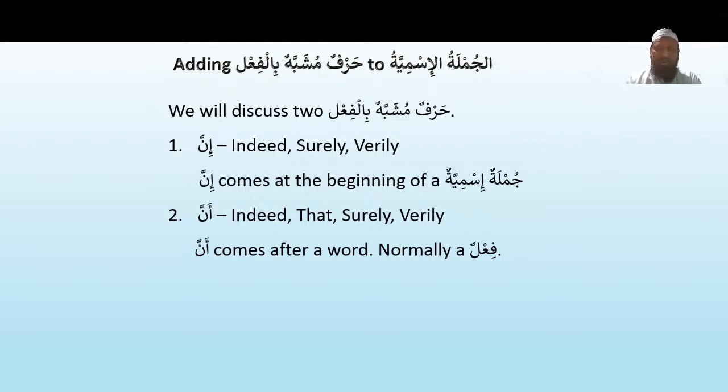Anna must have a word before it, and normally it is a fa'il. Inna, there is no condition. There could be a word before it, or there is no need for a word before it. So both mean the same, indeed. It gives an emphatic meaning, a stronger meaning to the jumla.